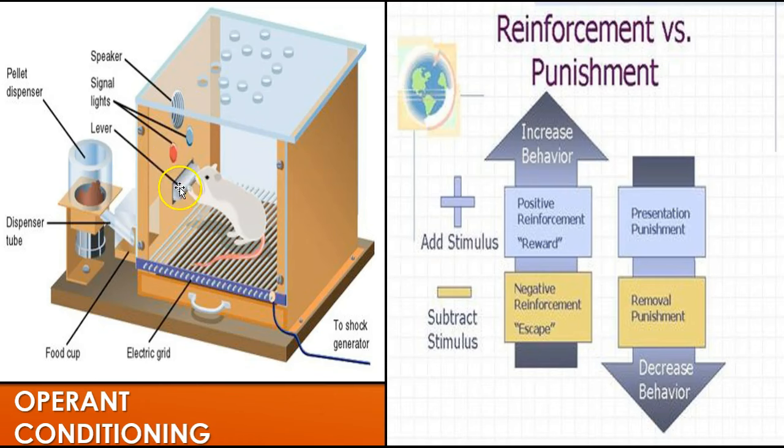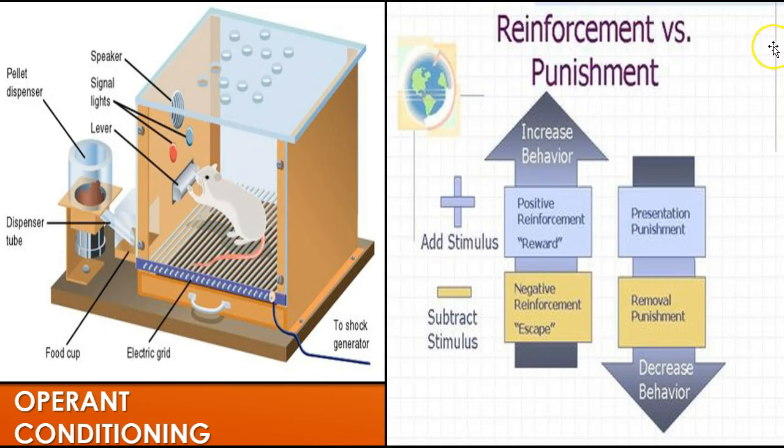So the lever would be the operant, and pressing the lever and receiving the pellet would be the reinforcer. And so we are going to talk about this a little bit more, and you will have some other examples.